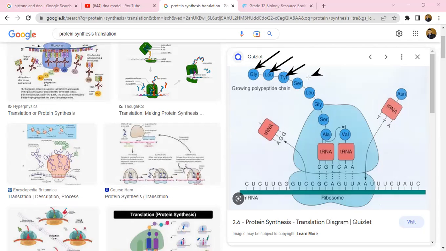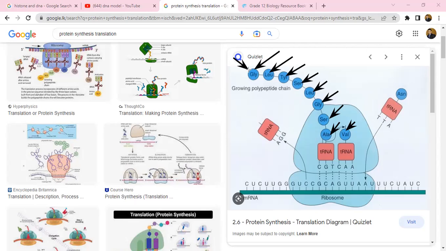Like this, one by one, all these amino acids are getting joined. Understood? In this one, the first joining amino acid is the initiator amino acid. Clear?